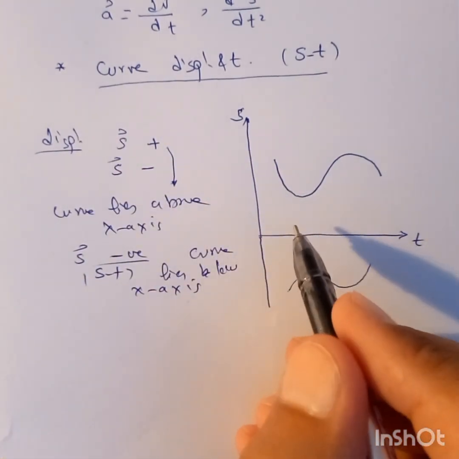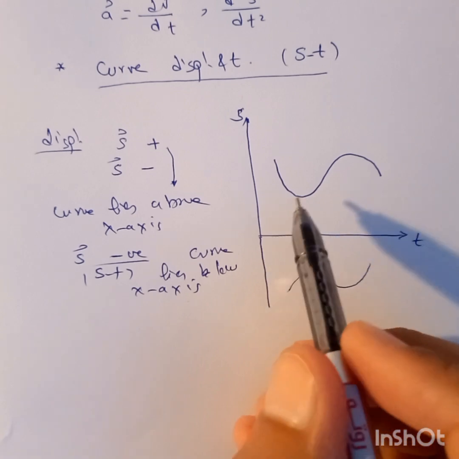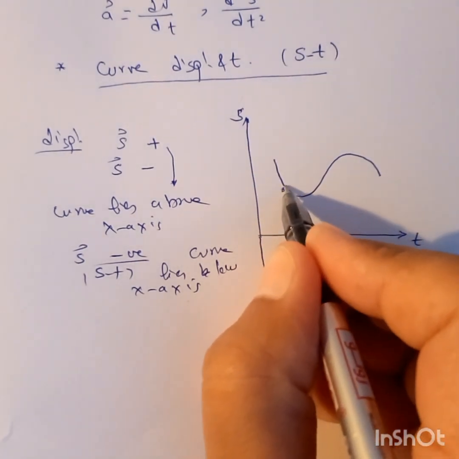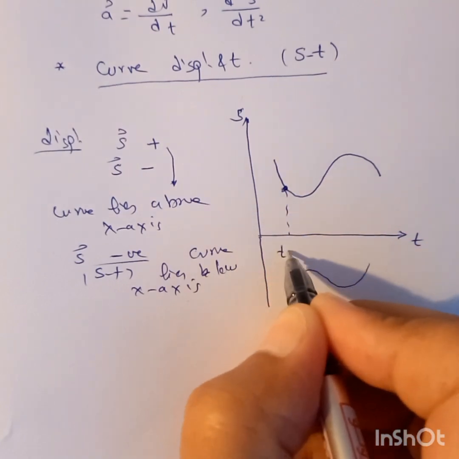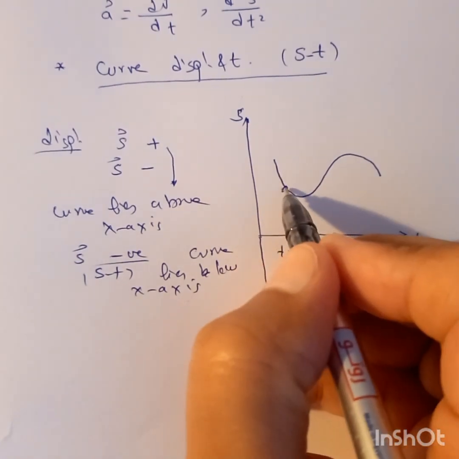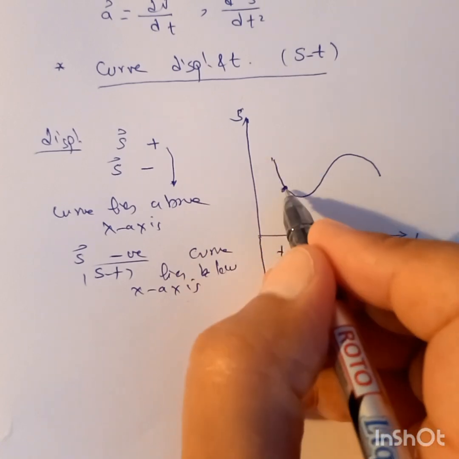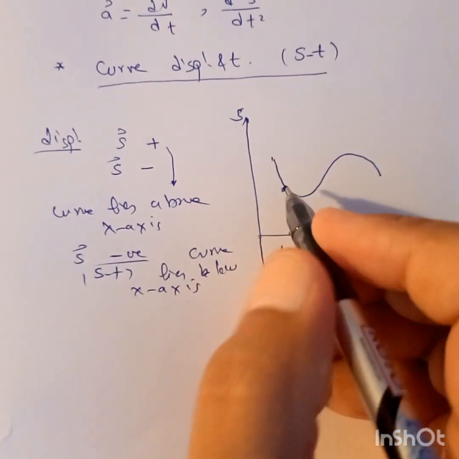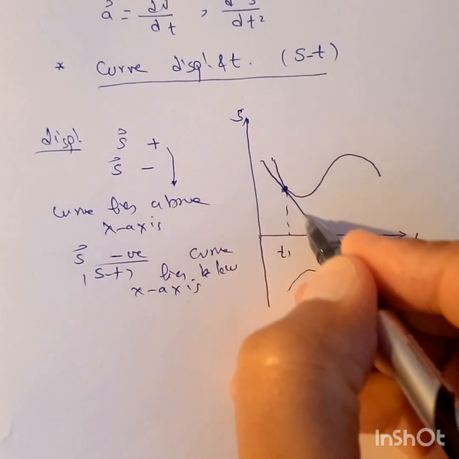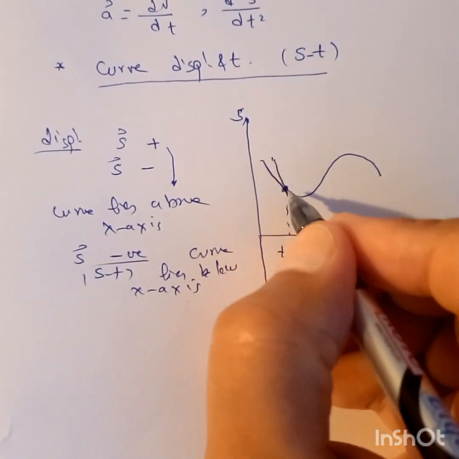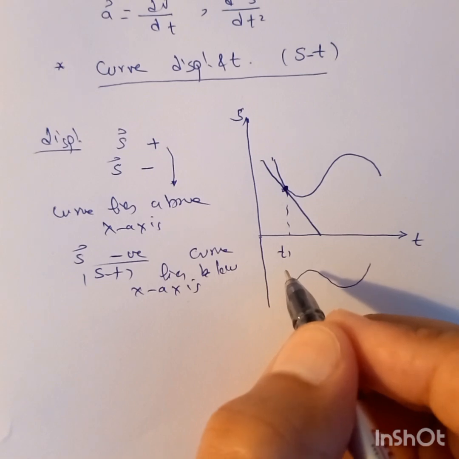Now we can find the velocity of the body at any time. For example, if we assume this one as t1, to find the velocity of the body at t equals t1, we can find the slope of the tangent to the curve at this point, t equals t1.